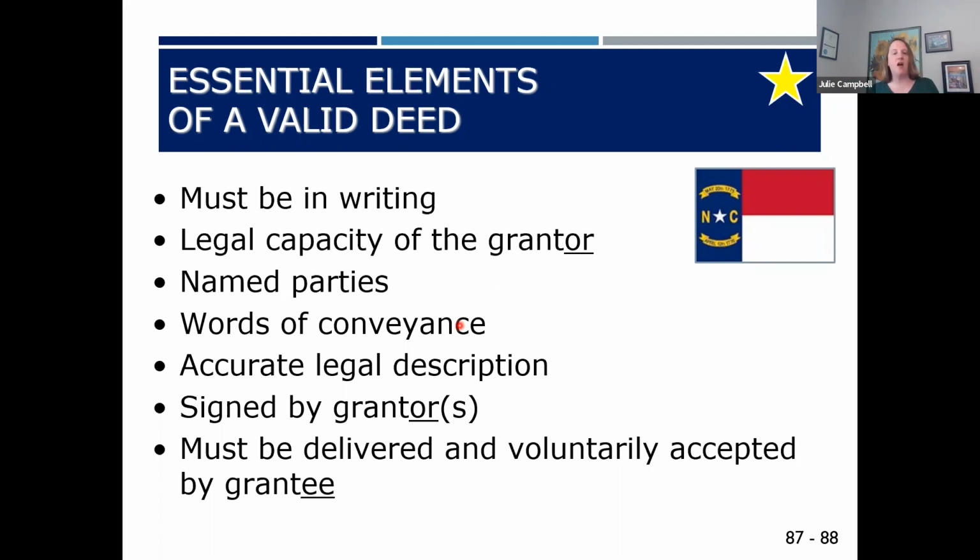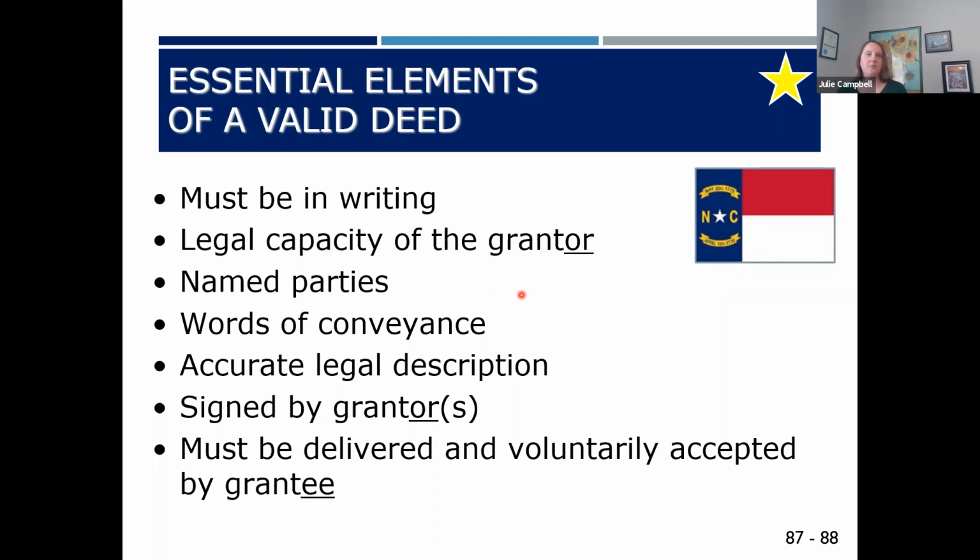But it has to be voluntarily accepted by the grantee. You can't be forced to buy a house. You should do it voluntarily. Deeds will also state some form of consideration. Now, consideration is something of value.